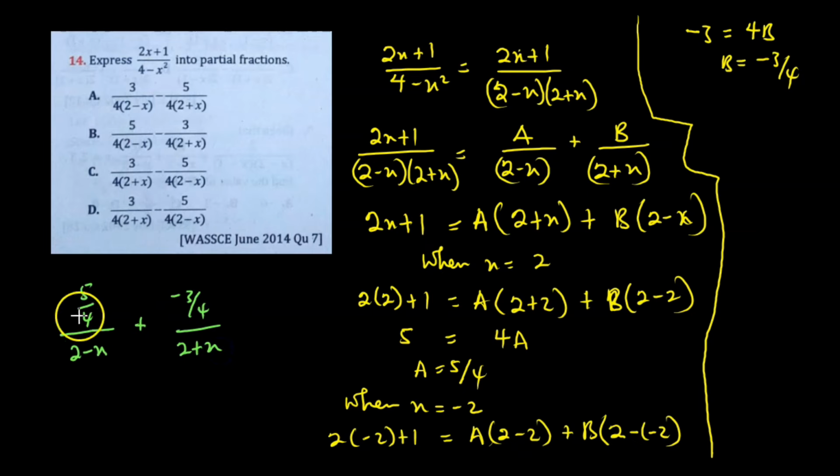The expression as we see here can also be written as 5 on 4 into brackets 2 minus x, then plus negative 3 all on 4 into brackets 2 plus x.